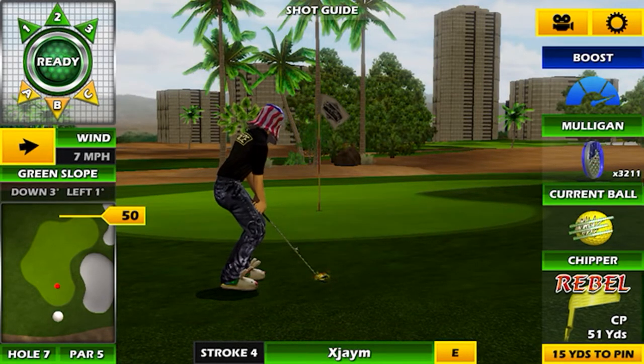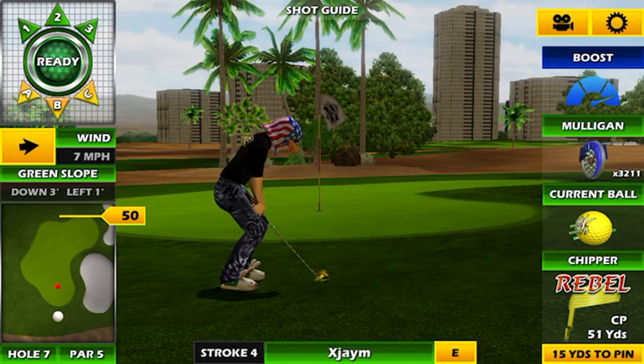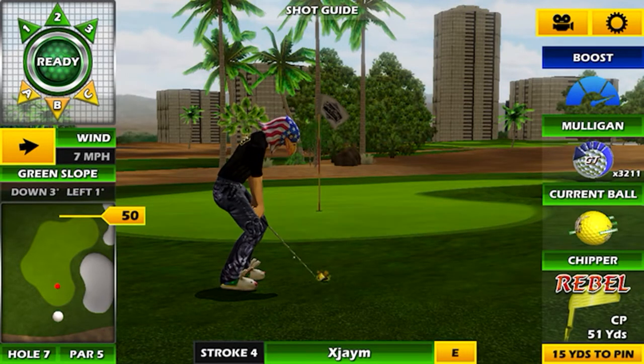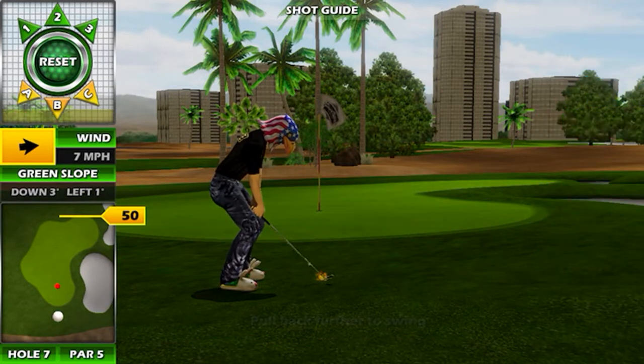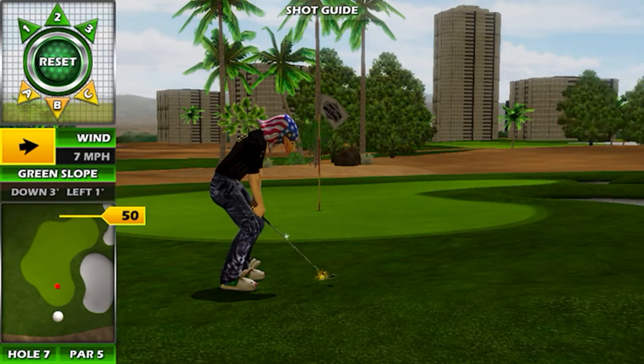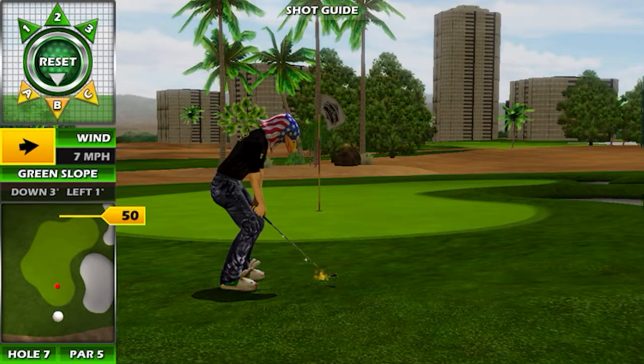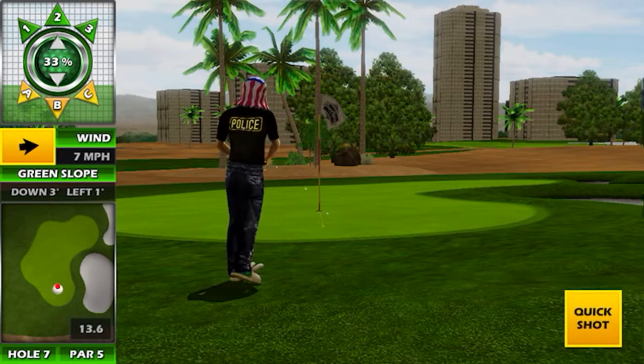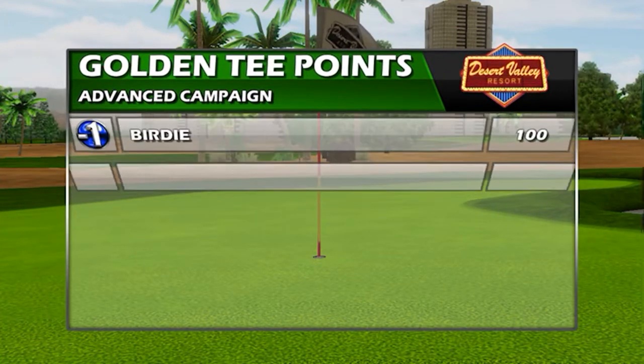And then you're going to add 4 or 5% back to make sure it gets to the hole. So we're going to add 4 back to go to 31. We're at 30, 31, and we're in the hole.